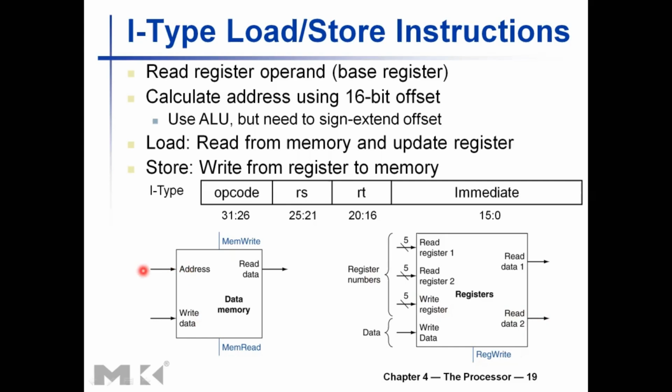Then that data from the RT register is written to that address location in the memory. Again, you need to provide the corresponding read-write signals to the memory device. I hope this is clear. Are there any questions on how the load store instructions operate?